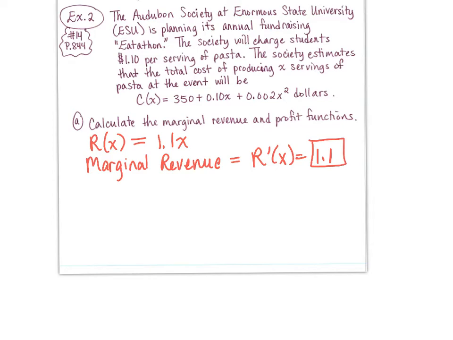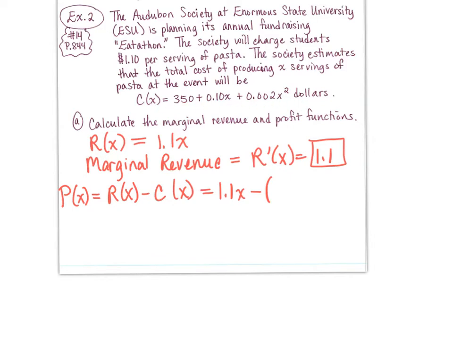Now your profit is given by what? Revenue, which is R of x, minus cost. Very good. So your revenue is equal to 1.1x, and then we subtract our cost, which is given by this equation here.